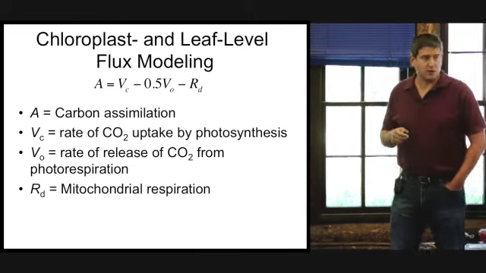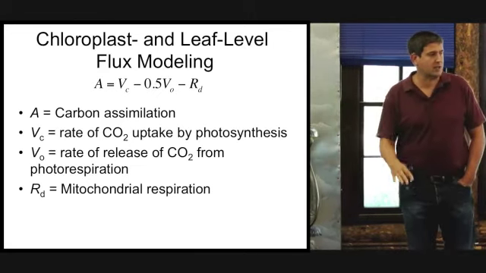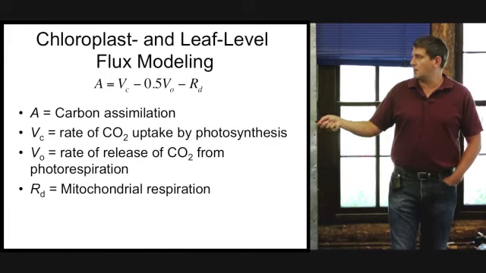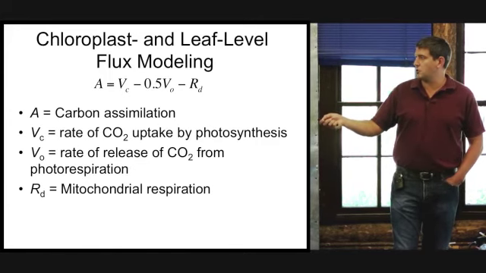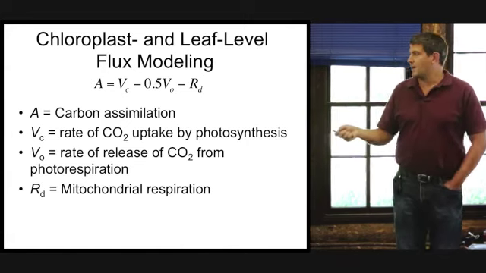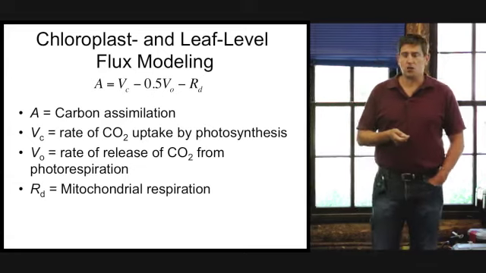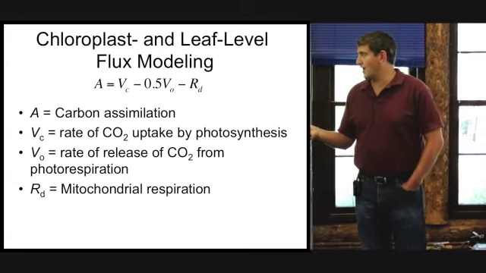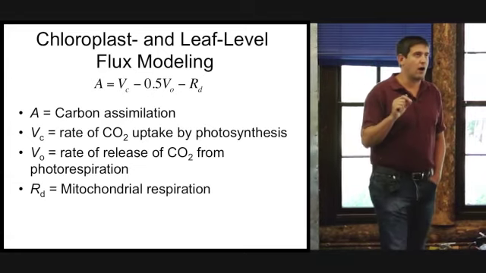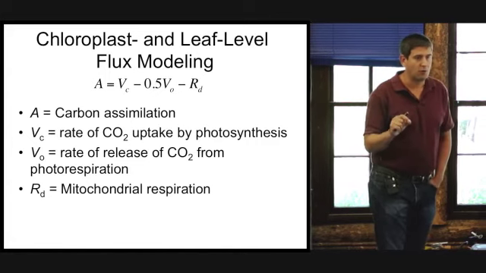So if you look at the Farquhar model in its most simple form, it says your net carbon assimilation, A, represents the flux of carbon dioxide between the leaf and the atmosphere. This is going to be a function of Vc, the rate of CO2 uptake by photosynthesis, minus 0.5 Vo. Now Vo is the rate of oxygenation of rubisco.